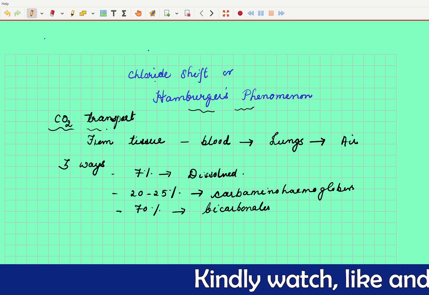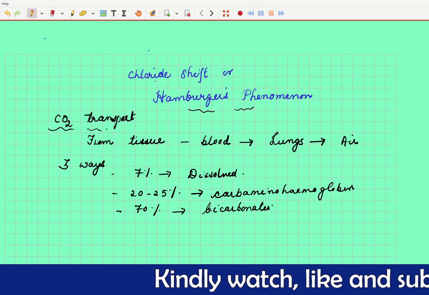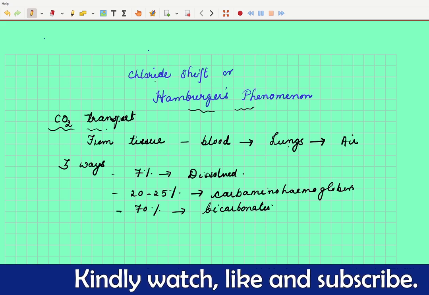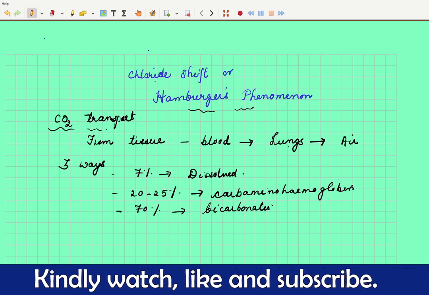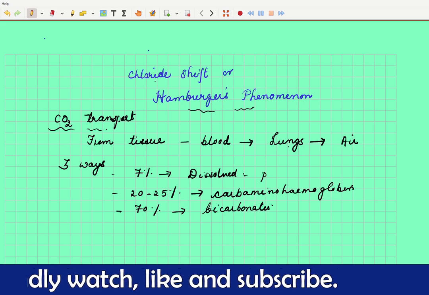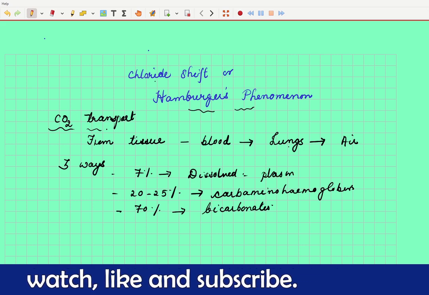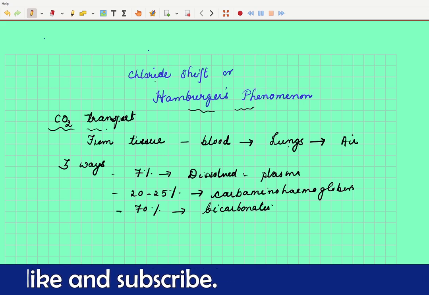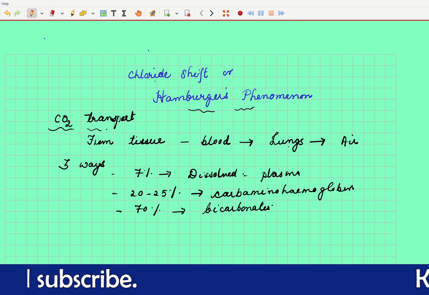So carbon dioxide is transported from the tissues through the blood to the lungs in three different ways. 7% is in the dissolved form, that means it dissolves in the plasma. Then 20 to 25 percent of carbon dioxide combines with the hemoglobin to form carbaminohemoglobin. This is the bound form.